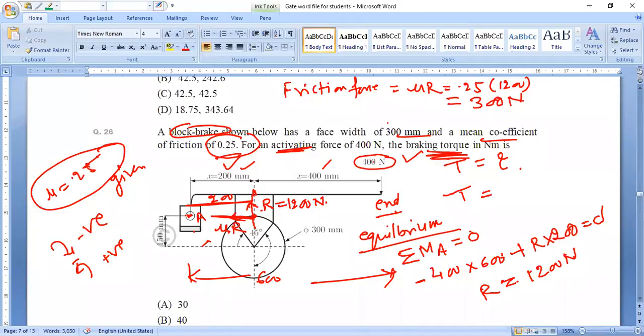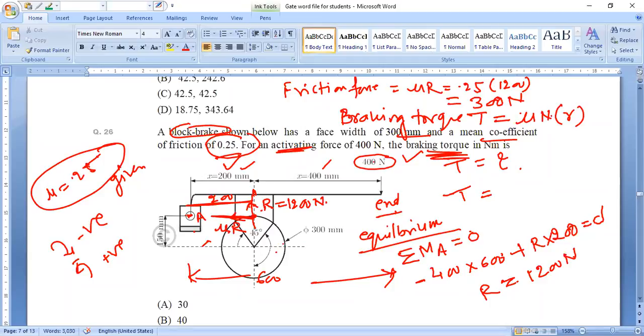After finding the frictional force, we can find the torque, or you can say the braking torque or the frictional torque. So many names. The braking torque T is given by friction force multiplied by the radius of the pulley.